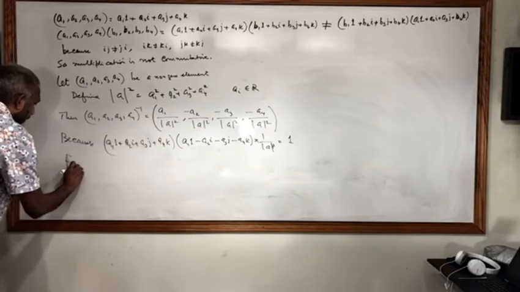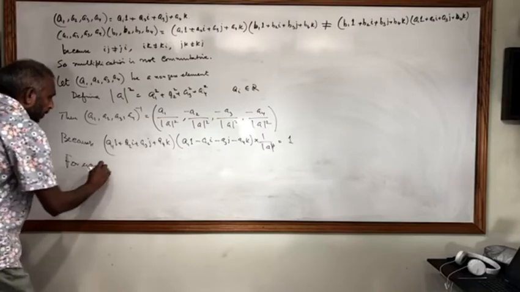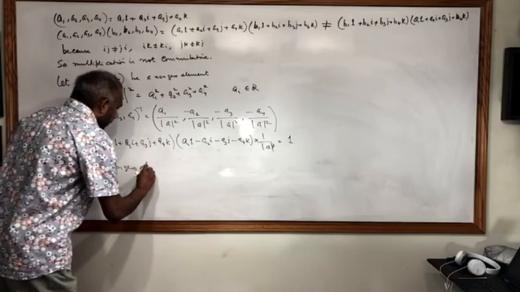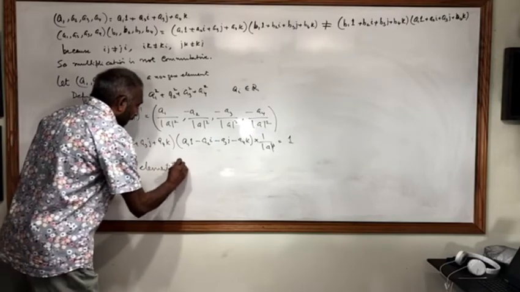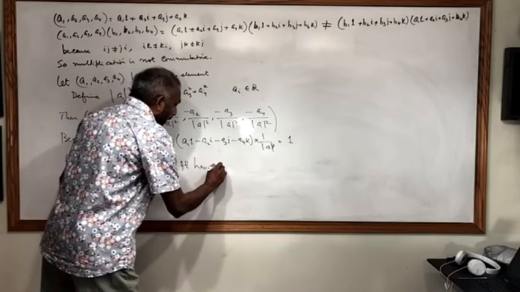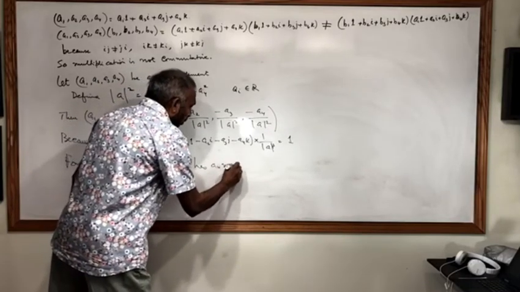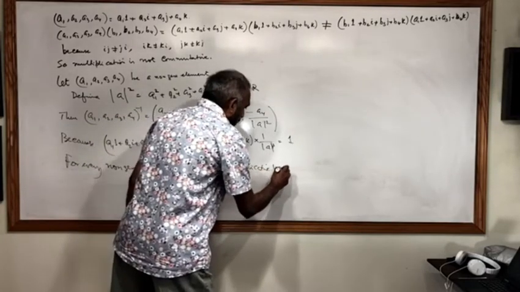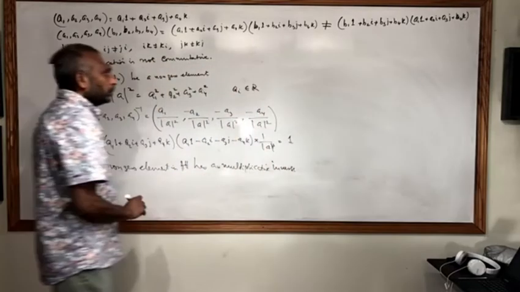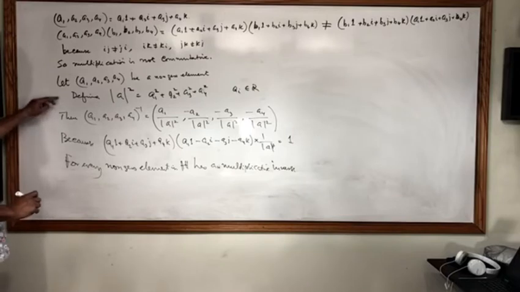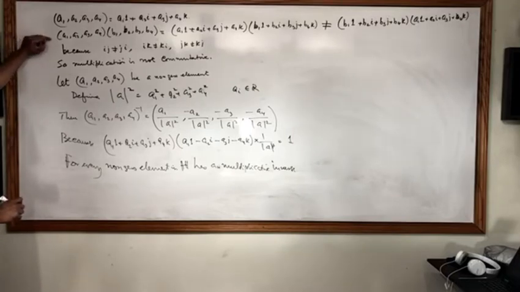So every non-zero element in H has a multiplicative inverse. The only thing which remains to prove is that the multiplication is distributive over addition.